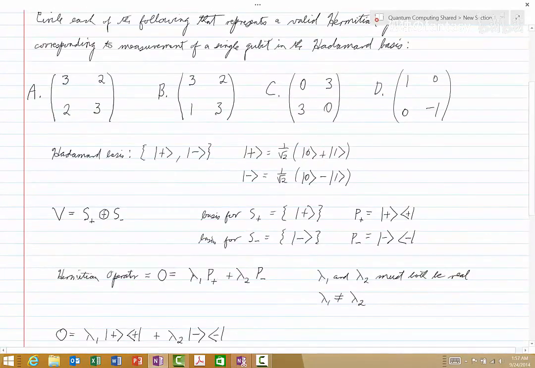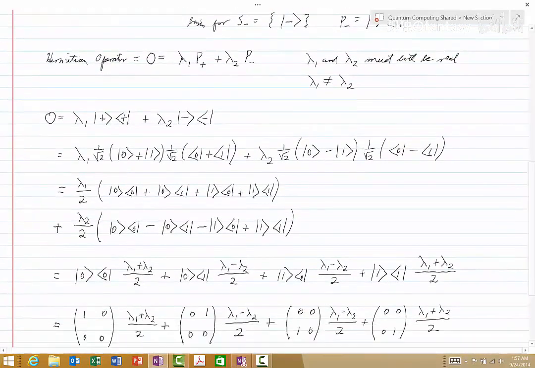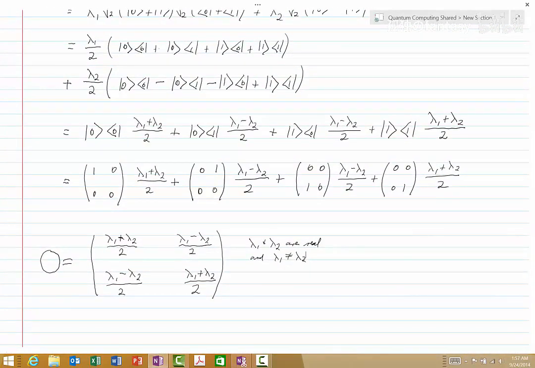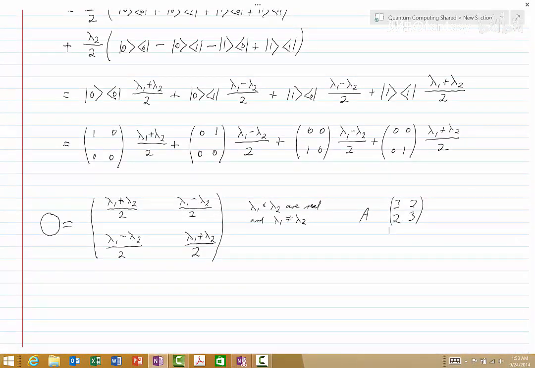For A, we had [3, 2; 2, 3]. Now the question is, is it possible to find lambda 1 and lambda 2 that would make O look like this? Well, let's just try it out.